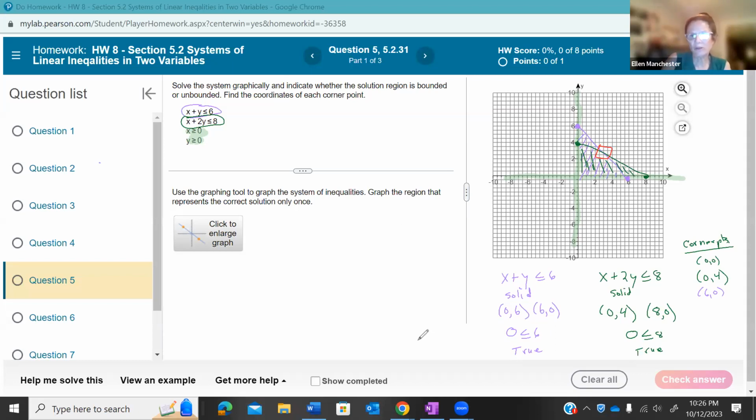Okay, so where they cross is, let me get this out of the way. I have the green one. I have the purple one.